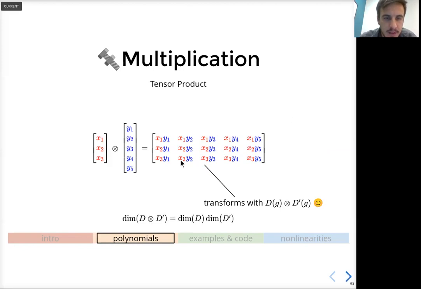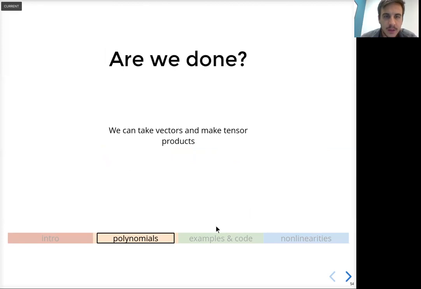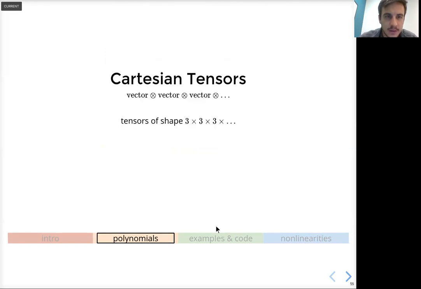As you can see in this example, the dimension of the tensor product of two representations is equal to the product of the dimensions of the two representations. So are we done with these three tools? Can we make all polynomials? So yes, we can create at least all the polynomials that are called the Cartesian tensors.